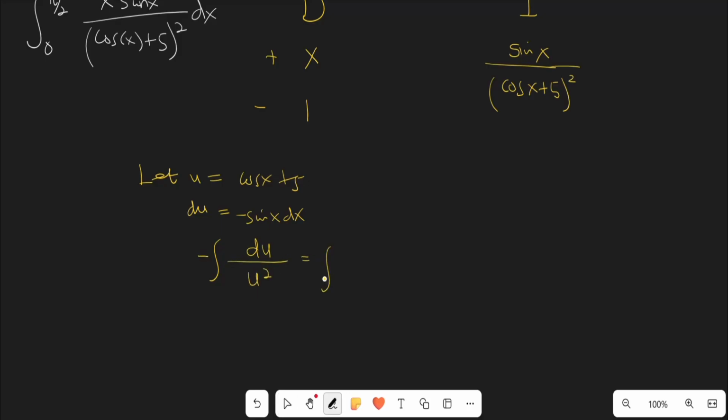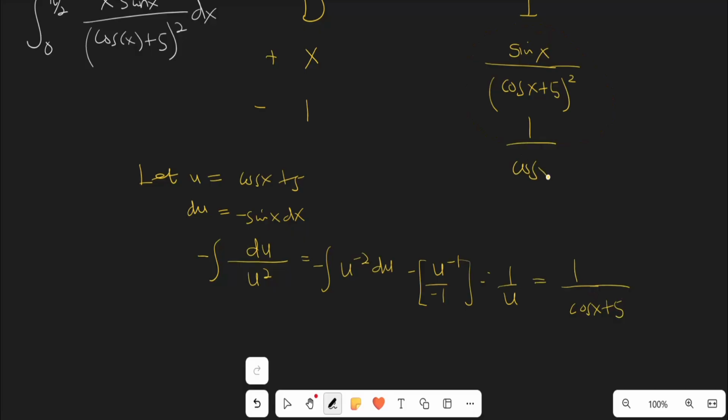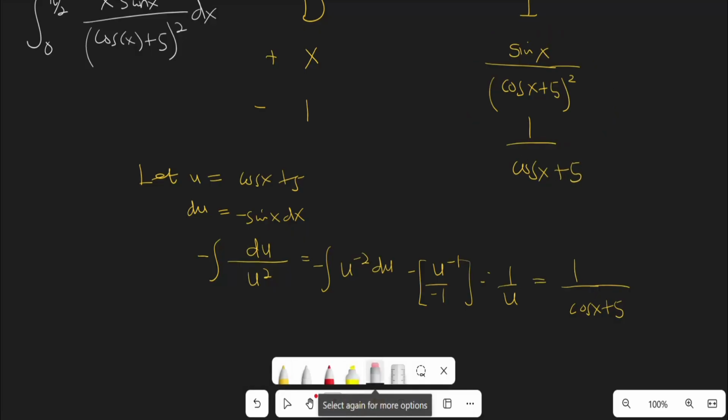So we are going to integrate u to the negative 2 du. That is u to the negative 2 plus 1, which is negative 1, over negative 1, and that will cancel this negative. So in the end, you are left with 1 over u, which is 1 over cosine x plus 5. So if you integrate this, we get 1 over cosine of x plus 5. So I can erase this now.